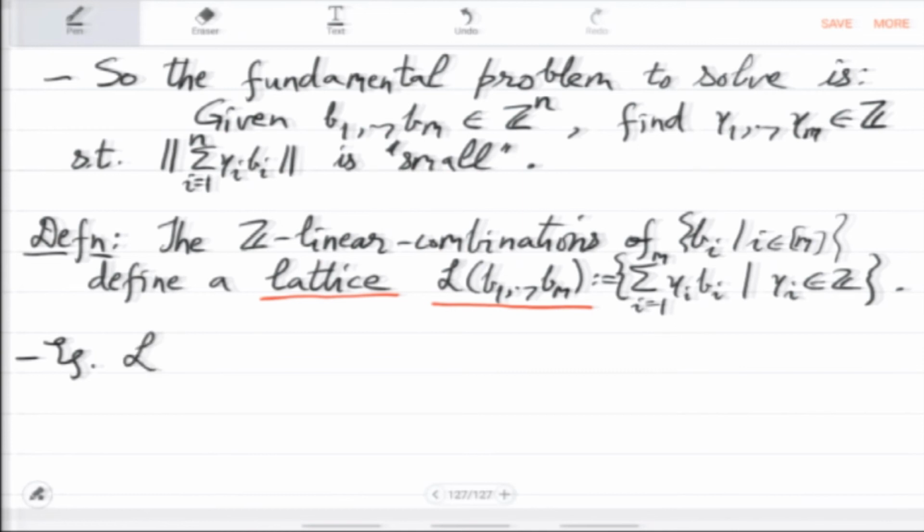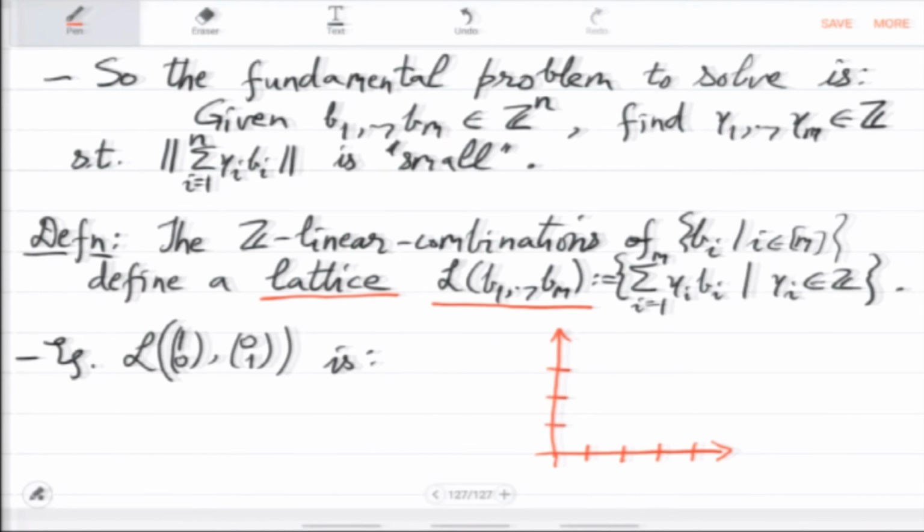Consider 1 0 and 0 1, these elementary vectors, the x and y kind of axes. Let's say this is the x1 axis, the x2 axis, the origin.